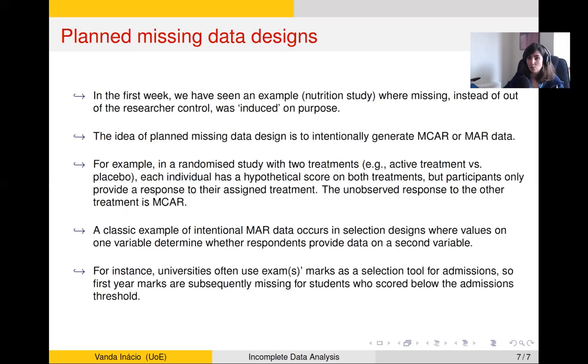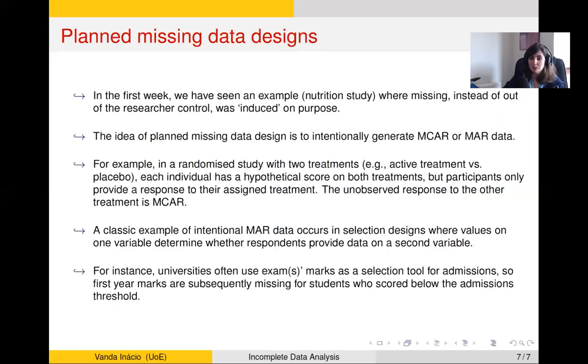It's missing in a completely at random fashion because the subjects were assigned in a random way to one of the treatments. It might seem a very extreme example, but in fact, treating randomized experiments or randomized studies as a missing data problem is very common in the statistical literature. And in fact, this example is one of the simplest examples if we want to think about causal inference.